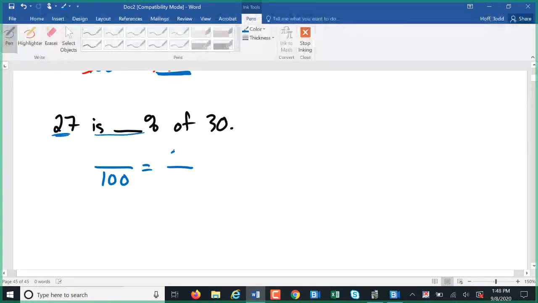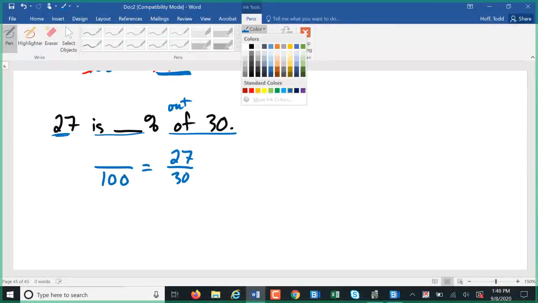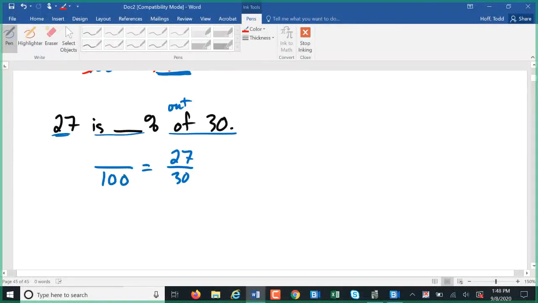27 is blank percent, implies that 27 goes with the missing percent. Of 30 can be read as out of 30, implies that 30 goes on bottom. Now we are ready to cross multiply and divide. Once again, the missing number is in a different spot, but the process is still the same.